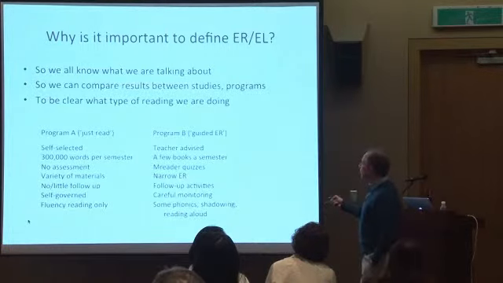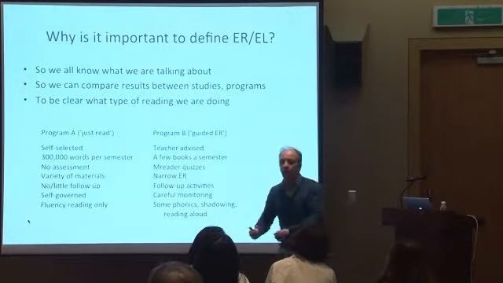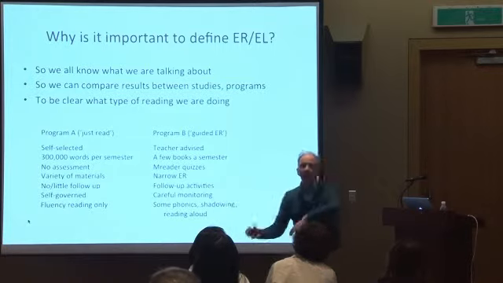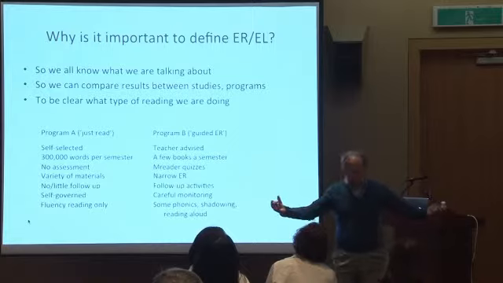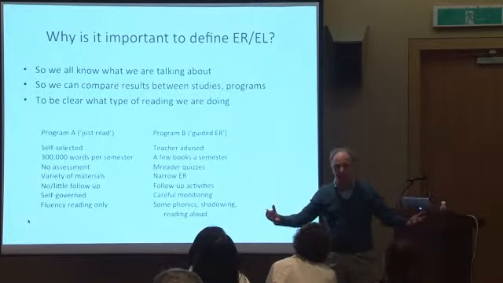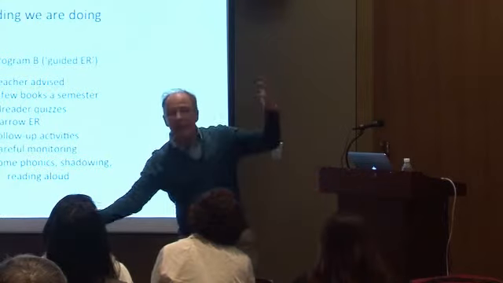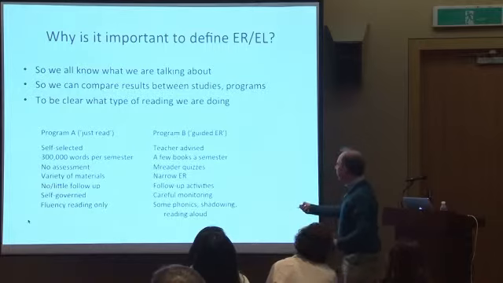And so we want to be able to compare results between studies. If somebody says, in my extensive reading program, we found students learn this number of words, and in my extensive reading program, we found they learned this number of words, there's a difference. We say, huh? Why is this difference? There's something wrong with the research. Well, it may be that we're comparing two completely different types of extensive reading program. And there's a couple of examples down here.